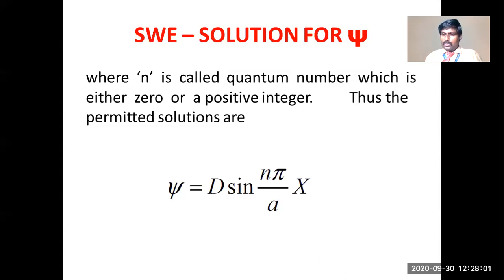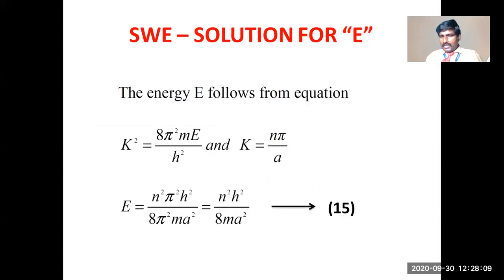Now the solution for the Schrodinger wave equation in the form of energy and wave function: k square is equal to 8 pi square mE by h square. Now k equal to n pi by a. If you substitute this k value, finally you will get E equal to n square h square by 8 m a square.